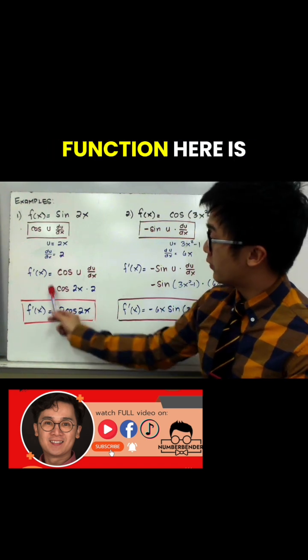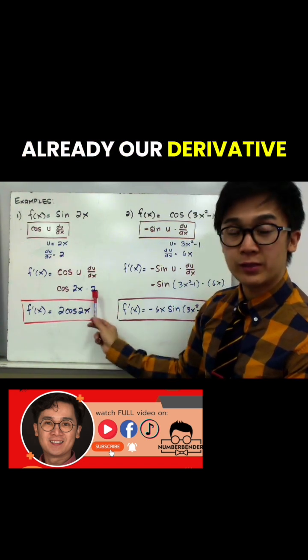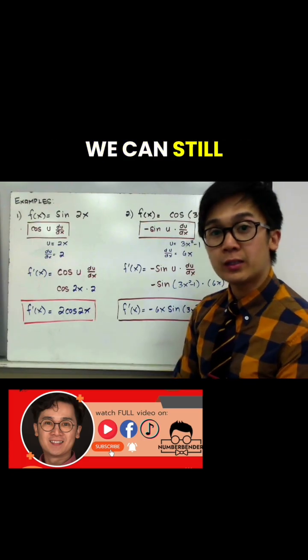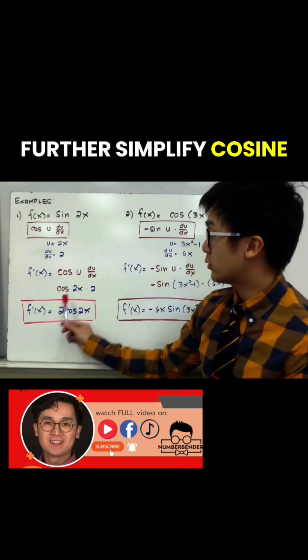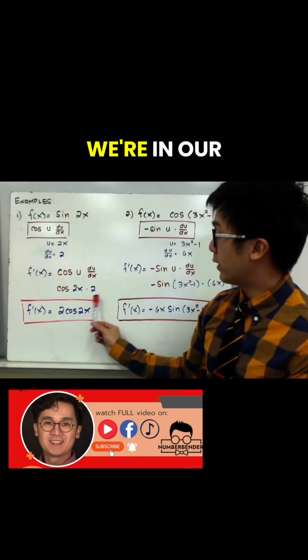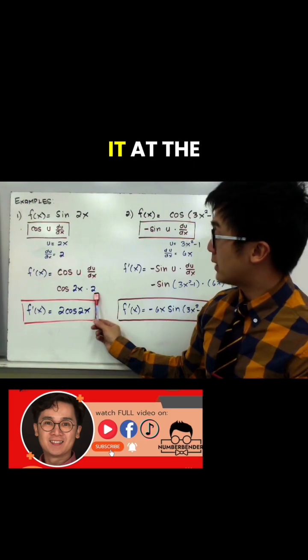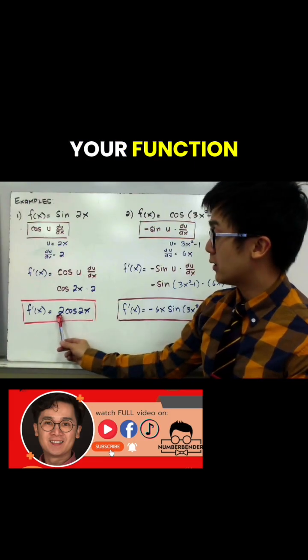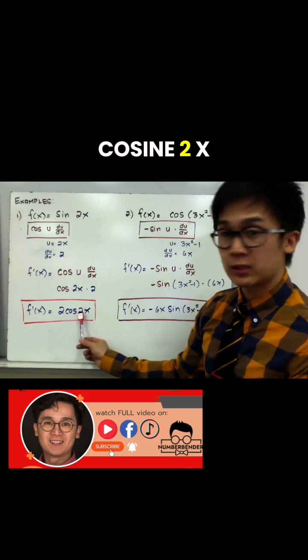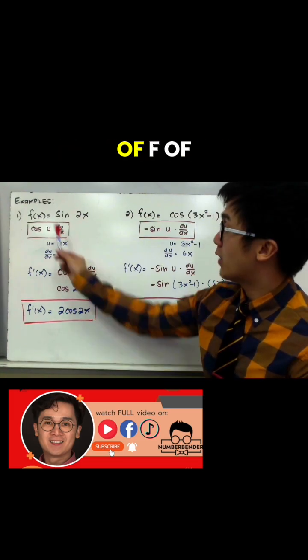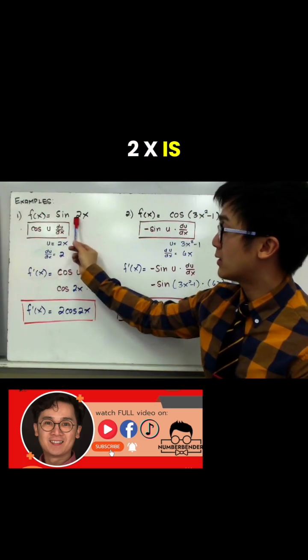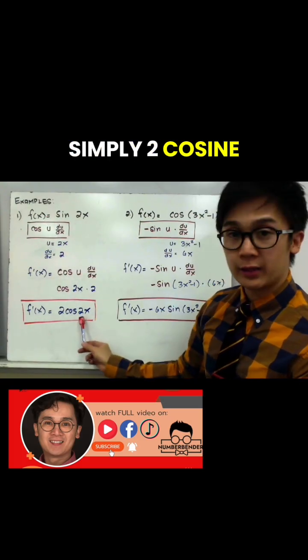This is already our derivative, but we can still further simplify it by placing the constant at the very front of the function, making it 2 cosine 2x. So the derivative of f of x, which is sine 2x, is simply 2 cosine 2x.